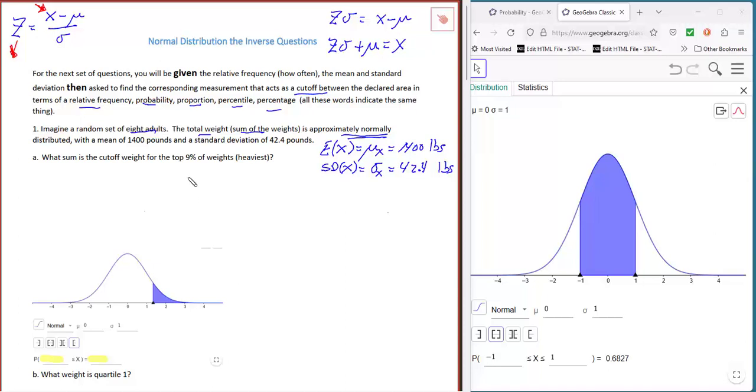So now I've changed the input and output. That's now my input, and this is my output. In this format, x is my input, z is my output. In this format, the z-score is my input, the measurement is my output.